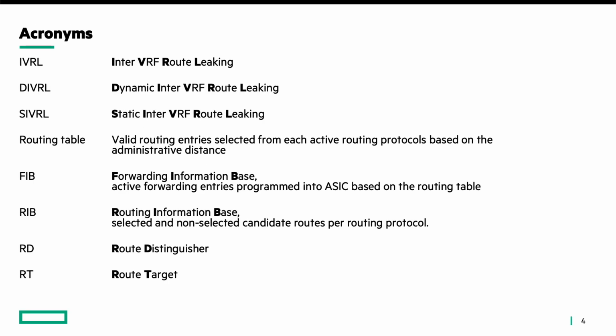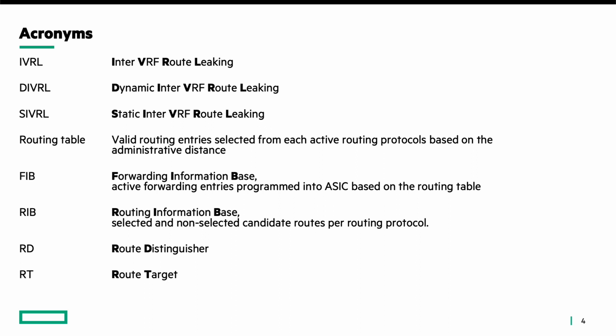So let's start with some acronyms that are going to be used during this session. IVRL stands for Inter-VRF Route Linking. For IVRL, we have DIVRL, which is dynamic, based on BGP, or SIVRL, which is static, based on static routes.